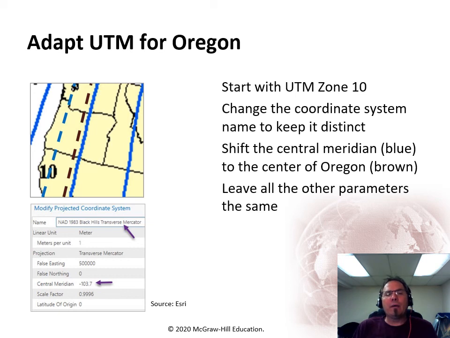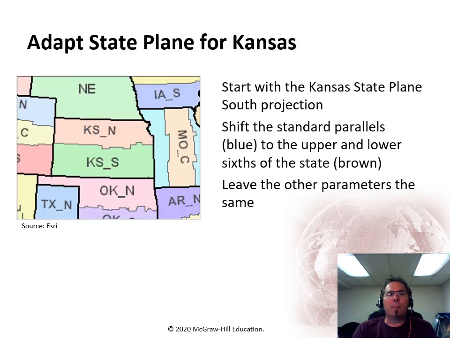You have some options just to move things around to ensure that you're minimizing distortion within that particular map. Here's another example. If you start with the south, you can shift the standard parallels and move things around. Doesn't look like they actually finished this slide, which is kind of funny.